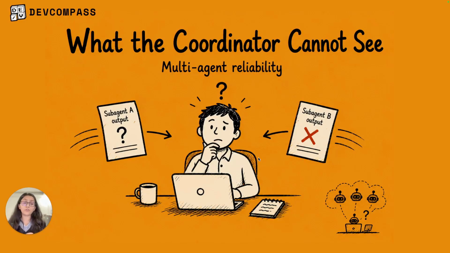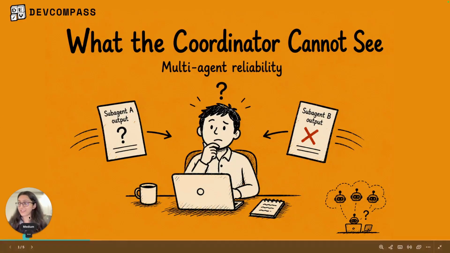In case you're not able to recall the diagram or the context of it, please go back to that entire stage 3 section and you will find the video around context isolation and understand what I am actually talking about. So let's get started.